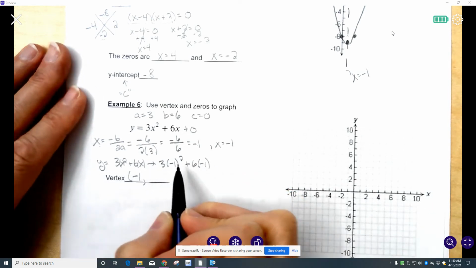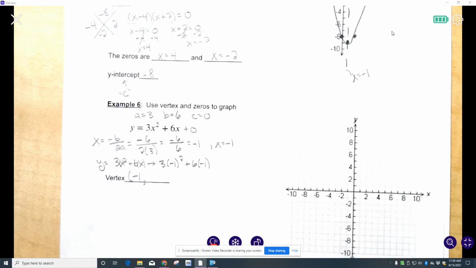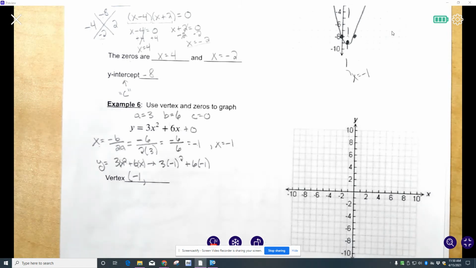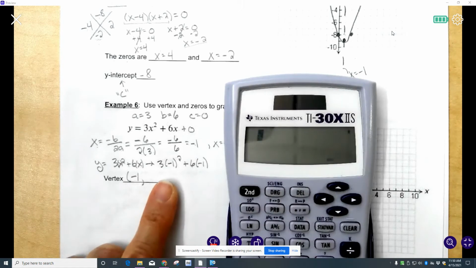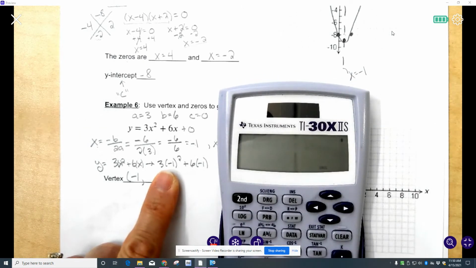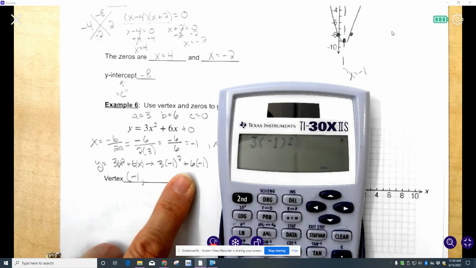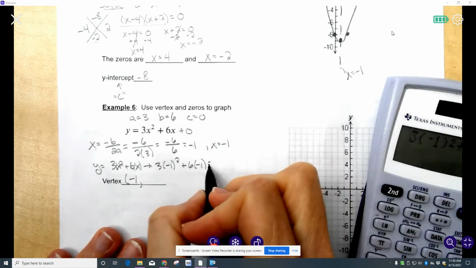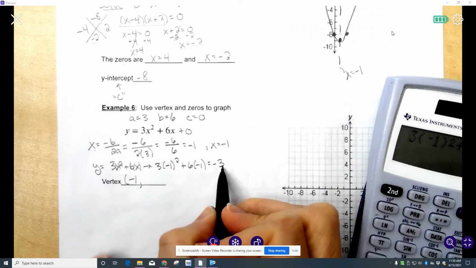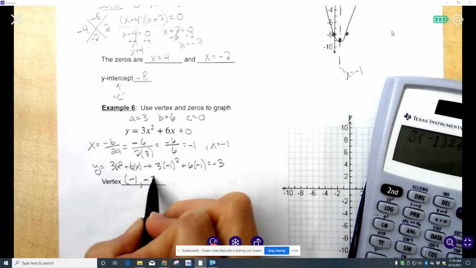Make sure you're wrapping the value you're substituting in parentheses, especially when you have a negative like this. If you do that, you can just put this whole thing in your calculator. Don't forget the squared on that first -1, plus 6 times (-1). And I get -3. So this means when x is -1, y is -3.